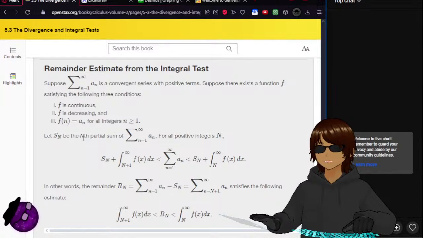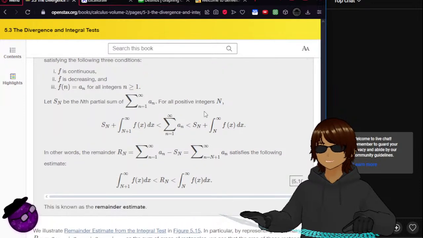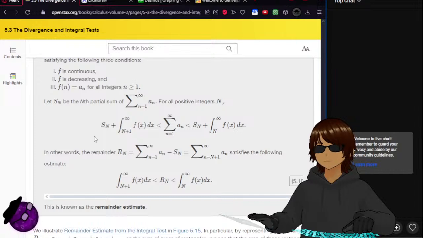Let Sn be the nth partial sum of the series for all positive integers n.